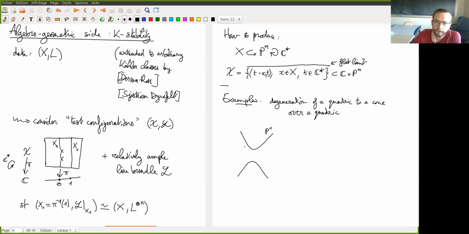And I can vary the parameters inside the equation of a hyperbola and have it degenerate to the corresponding two intersecting lines, which corresponds really to two intersecting P1s. And if you take this family correctly, then you really get an example of a test configuration where X1 is P1 and the central fiber is this thing with two irreducible components. So that's one thing you can have.